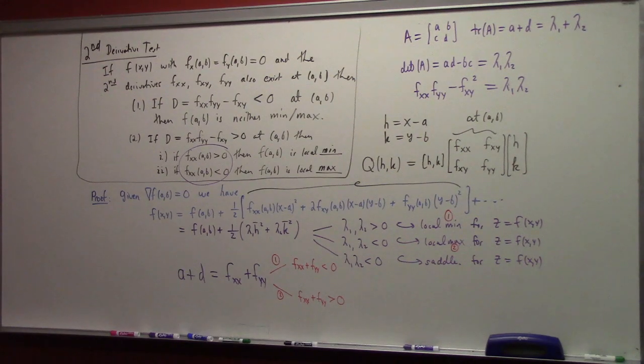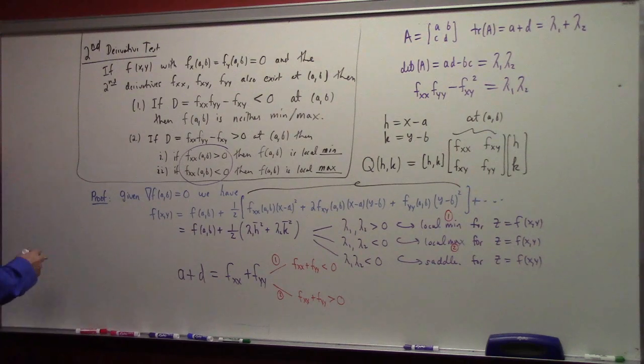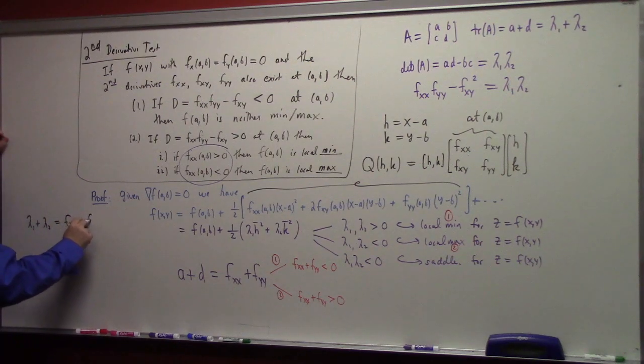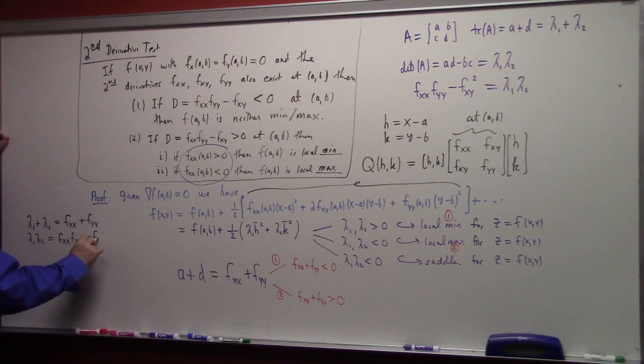Well, let's just look at the algebra problem here for a second. On the one hand, lambda 1 plus lambda 2 is fxx plus fyy, right? But you also know that lambda 1 times lambda 2 is fxx fyy minus fxy squared, right?